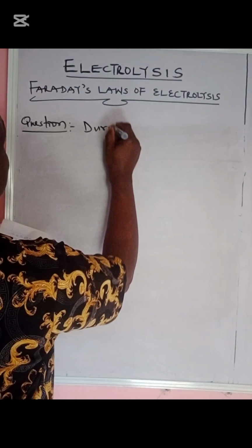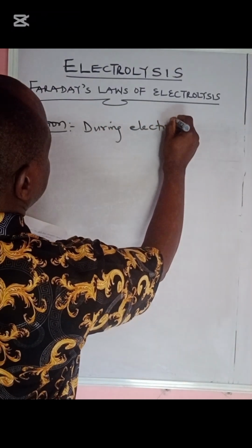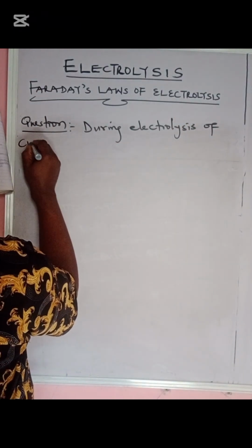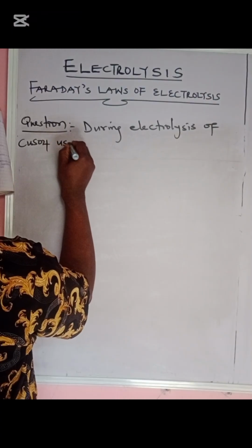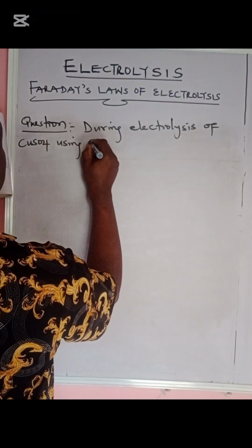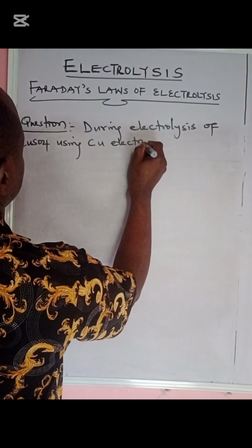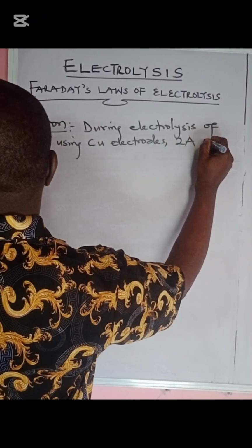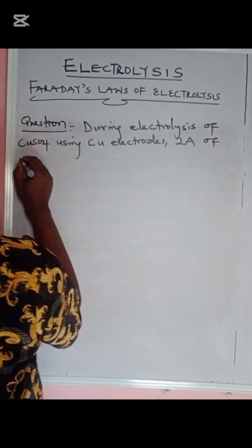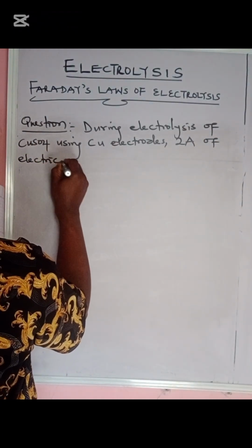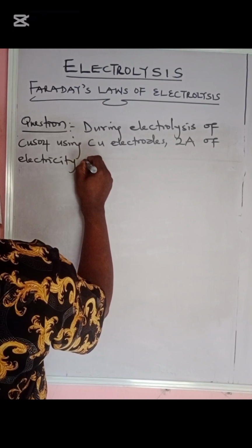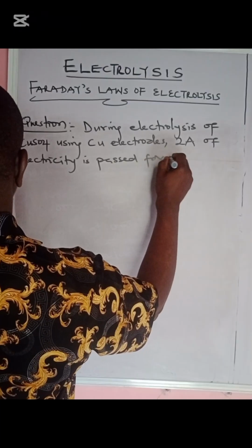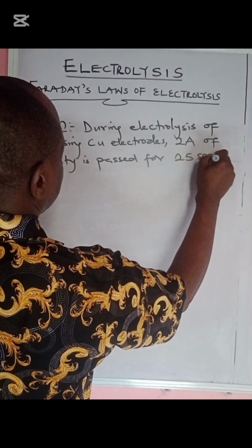During electrolysis of copper II sulfate using copper electrodes, 2 ampere of electricity is passed for 25 seconds.